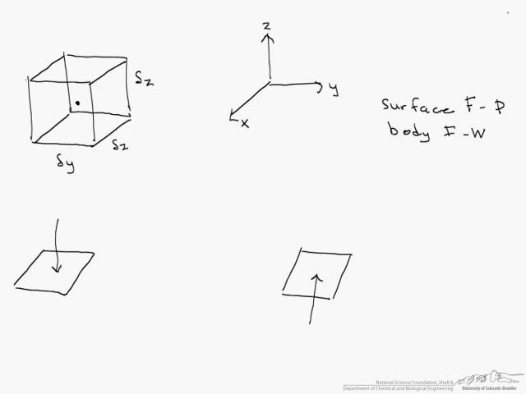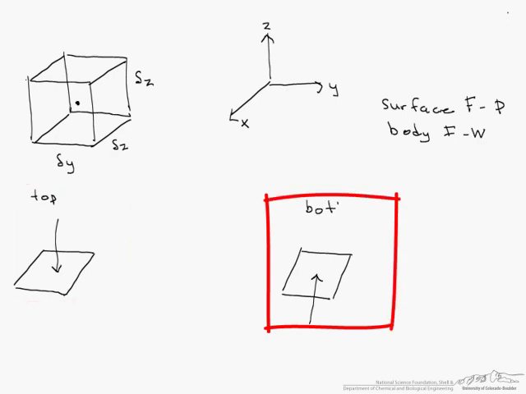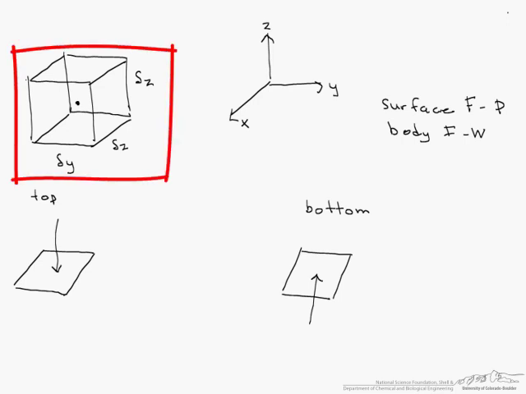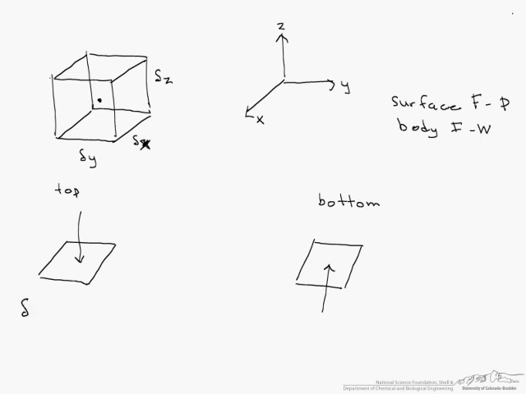If you've noticed, I've taken the top of our elemental cube, and the bottom. The volume of our elemental cube, you can see, is dx dy dz. So again, we're looking at this top face, and we express our surface force in the z direction as P. We start at the center of the cube, and then we go up.